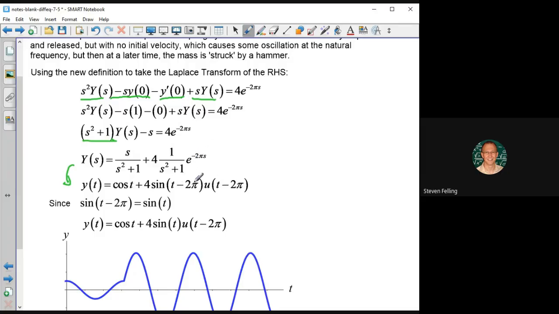So sine of t minus 2 pi, also times the unit step function t minus 2 pi. And then we know that if we are on a unit circle and we subtract 2 pi, we get to the same place. So sine of t minus 2 pi is just the same as sine of t. So that means we would have y of t as cosine of t, that's from this term, plus 4 sine of t times the unit step function t minus 2 pi.